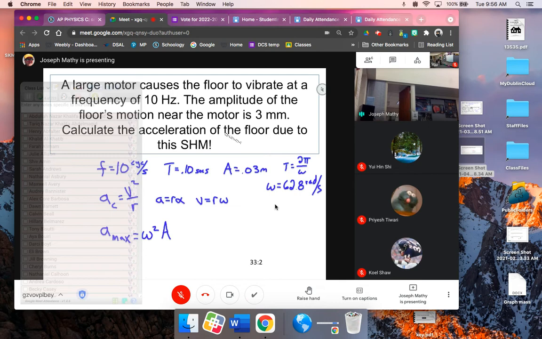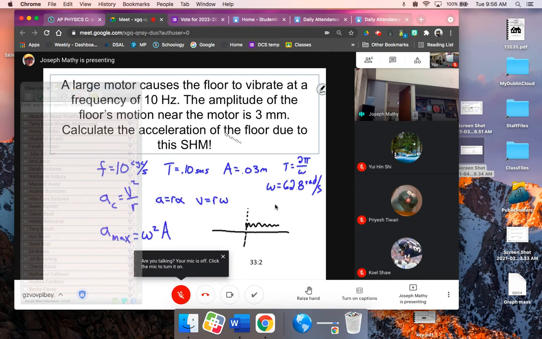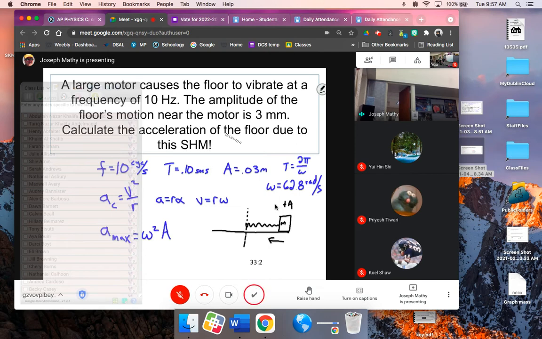I think I understand what you're asking, and let me do a little explanation. Calvin brings up a really compelling idea, I think. At this positive amplitude right here, we have our maximum negative acceleration going that way.